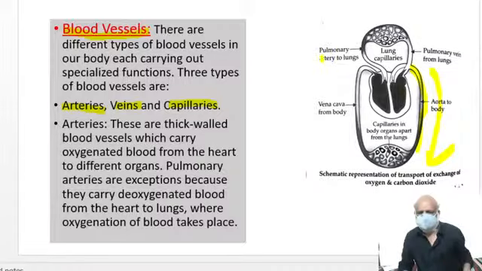When we go to the organ system, the function of artery altered.